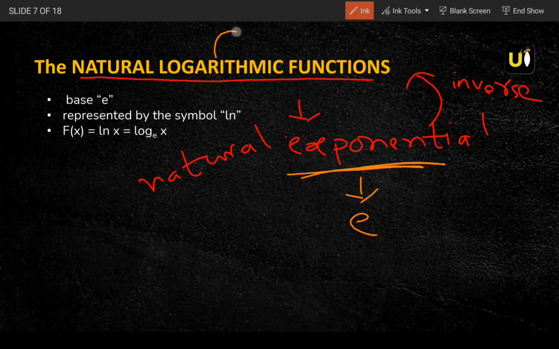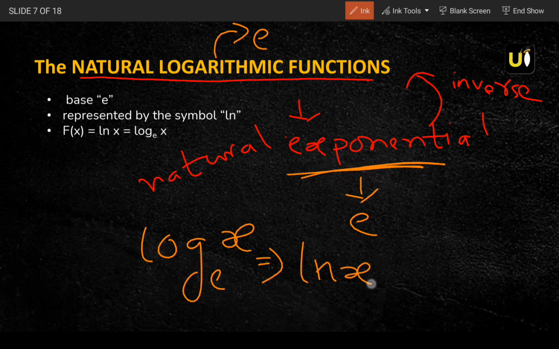Same here in the logarithmic function, the base is e, log x to the base e, and this can be written as ln x. This is the special representation of the natural logarithmic function, and it is only possible when the base is e. To determine whether it is a natural logarithmic function or not is simple: if the base is e, then it is termed a natural logarithmic function, and this can also be written as ln x.